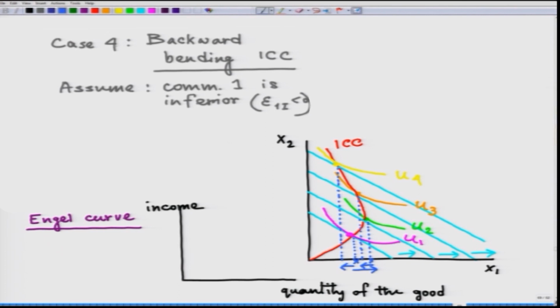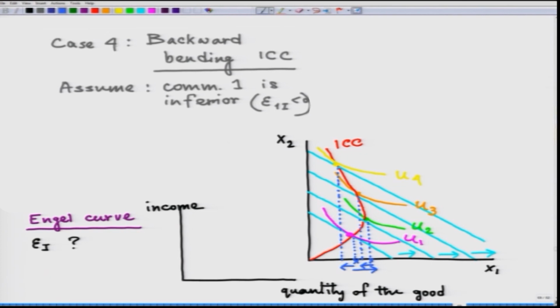Now, for different values of income elasticity of demand, which we do not know a priori, the Engel curve can take various shapes, and we are going to inspect what sort of interesting cases can emerge.